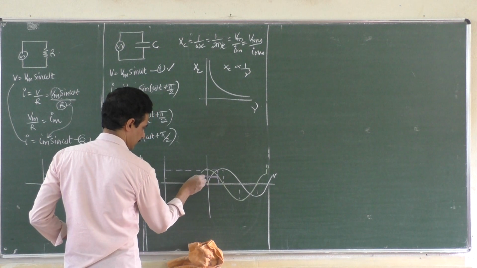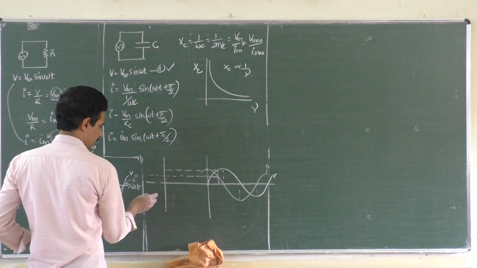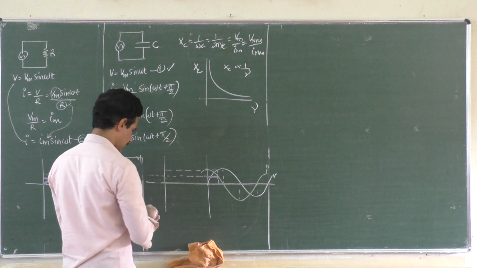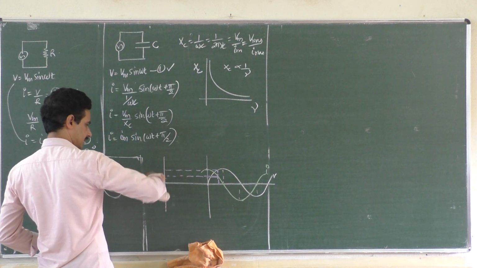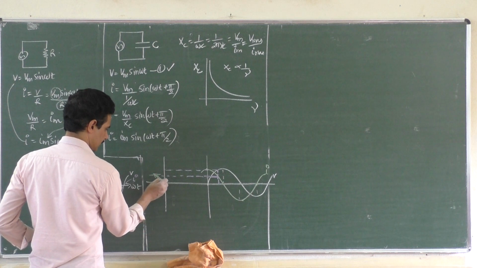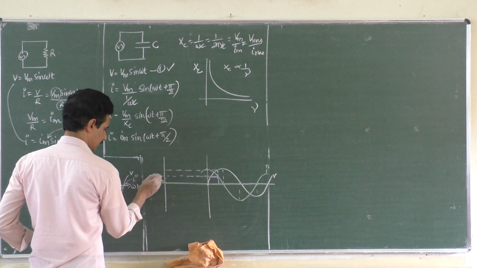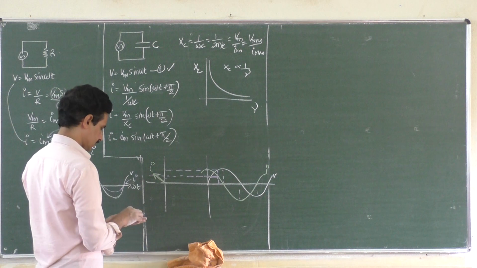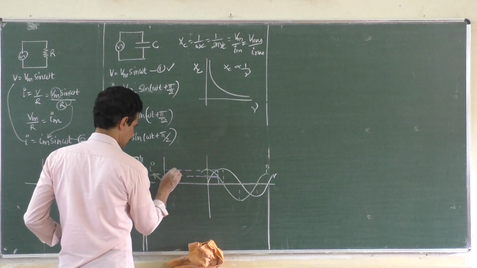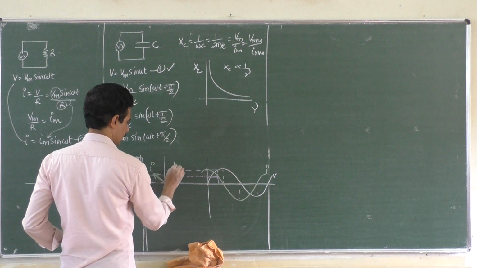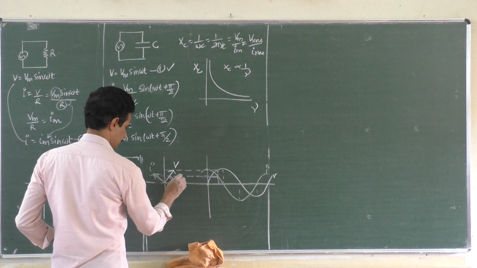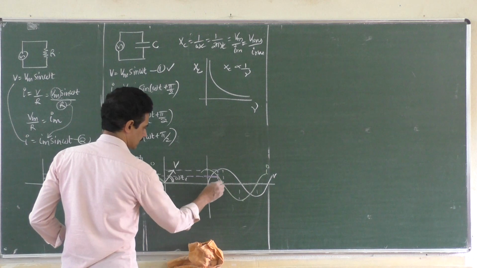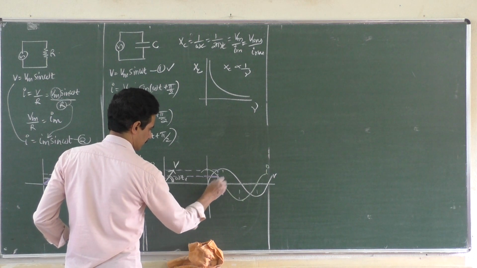Okay, it is cutting here. Since the anti-clockwise direction is taken as positive, if this is current leading, then voltage will be lagging here, because this is the position of voltage, and this is omega T1.